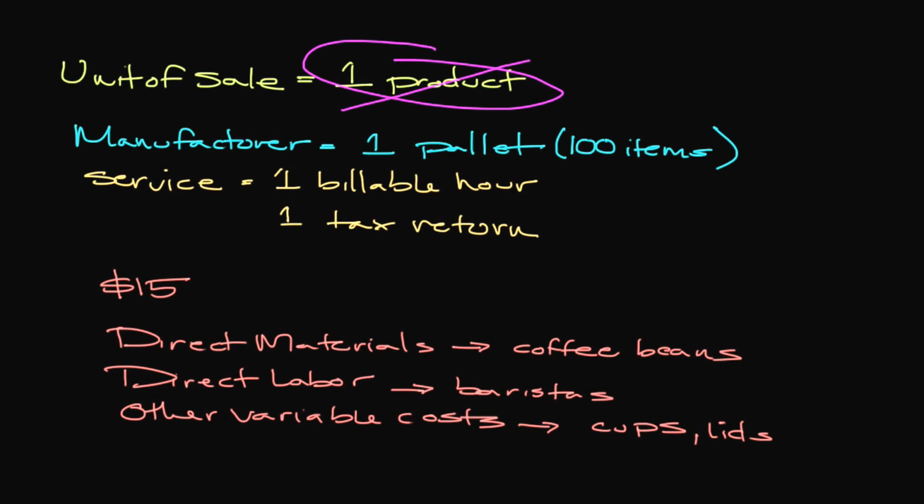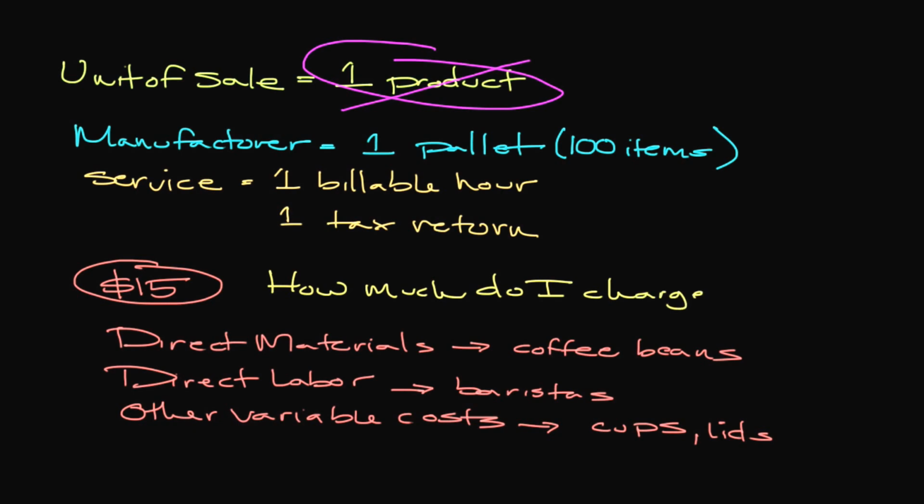So if we cost our product out and we say that it costs us $15 to produce this item, well, now the discussion takes place. And that discussion surrounds the idea of, how much do I charge? The beauty of it now is I have an accurate understanding of what it costs me to produce, so I am much better equipped to answer this question.